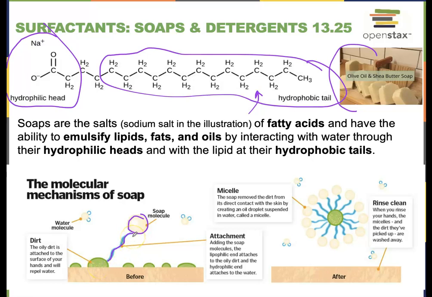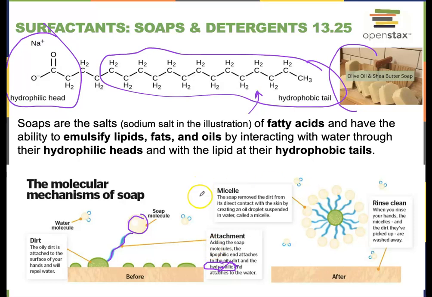So we can call this lipophilic, which is the word they use here. Oh, no, lipophilic. Sorry, you guys, forget what I just said there. But this long hydrophobic tail interacts with the hydrophobic nature of the grease. All right. And then what happens is the water comes along when you rinse.